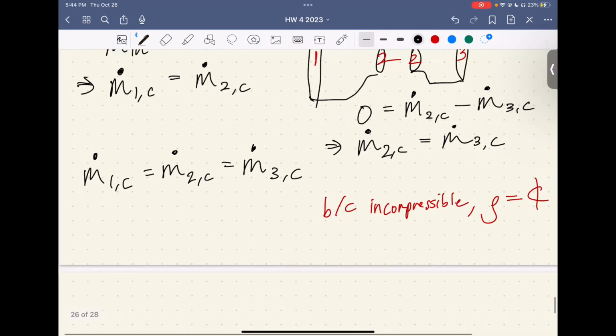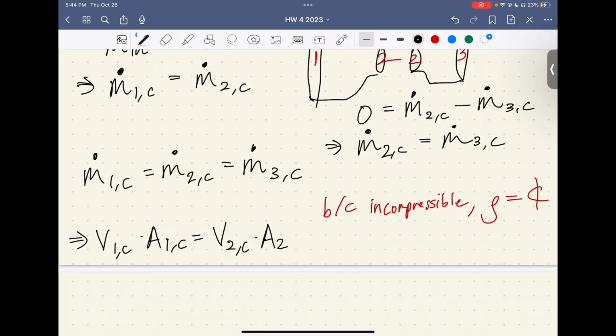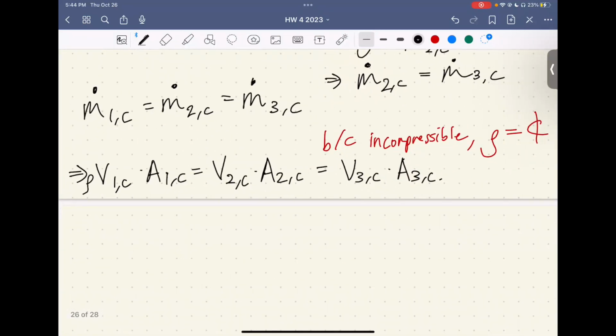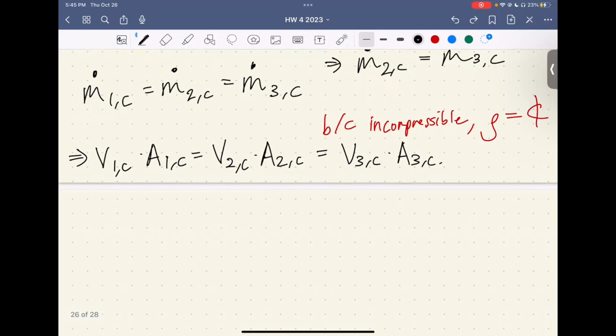Therefore, we can write it out as V1C times the area of 1C is equal to V2C times A2C is equal to V3C times A3C. Okay. So that is where we get this. Basically, what happened here is the rhos cancel out on each expression, right? Because it is incompressible.